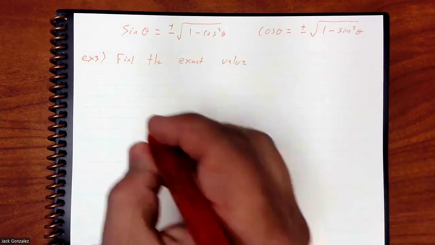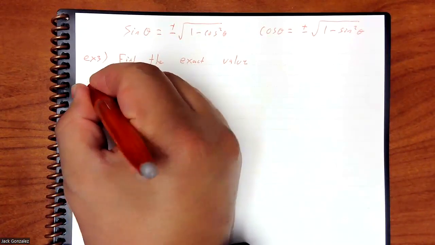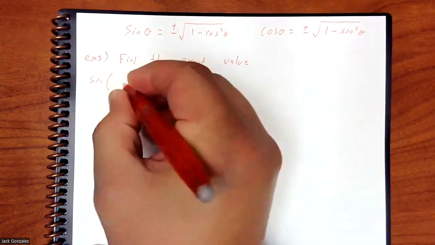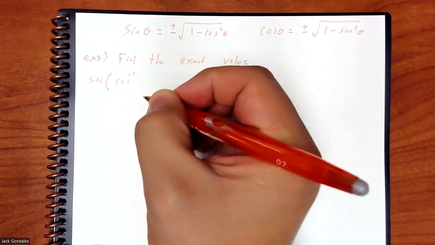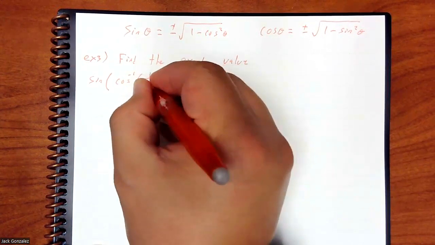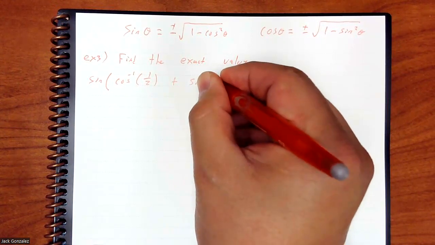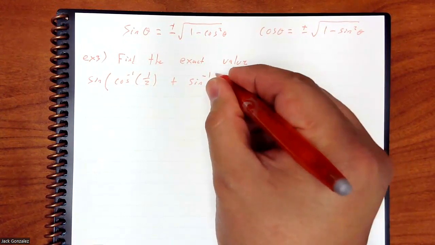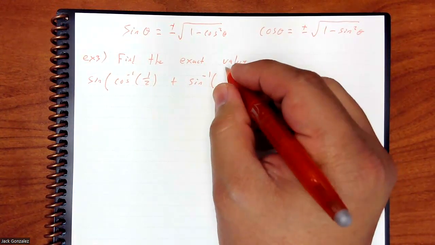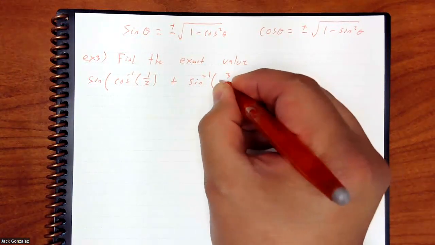So they wanted to find the exact value of sine of cosine inverse of 1/2 plus sine of sine inverse of, I think it's 3/5. Yeah.